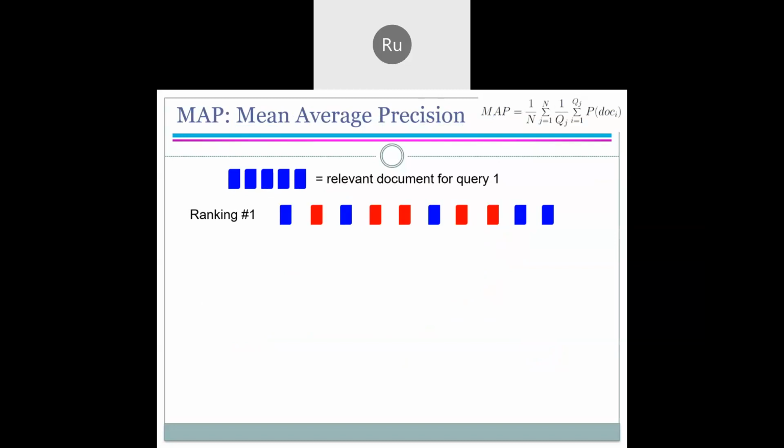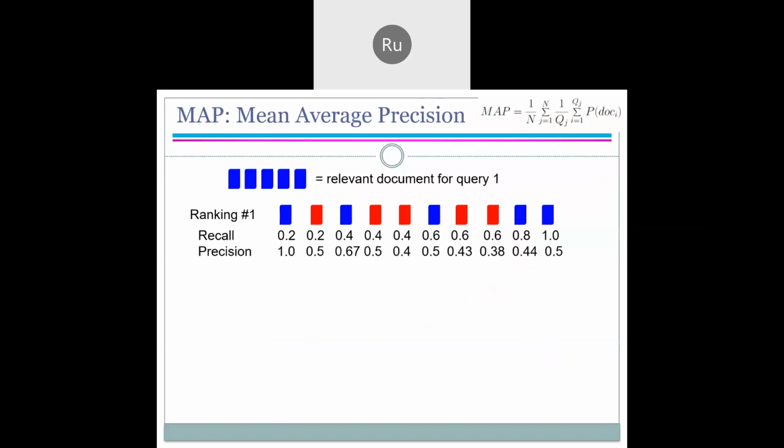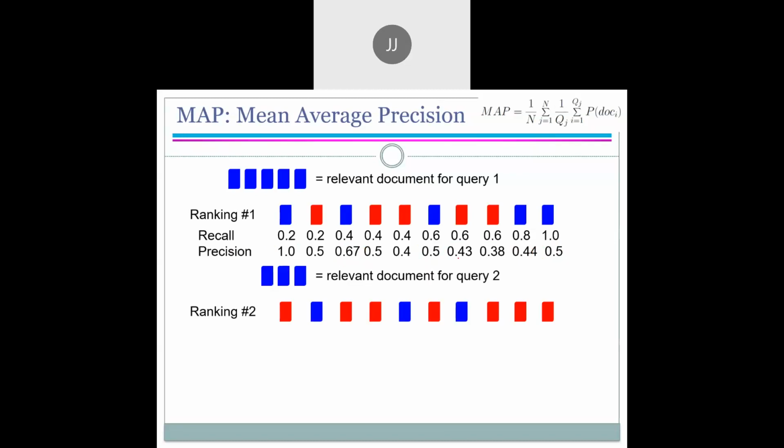Okay, so suppose we have this. We have 5 relevant documents, and these are the positions presented to you, and we compute the recall and precision. When we try to compute the MAP, we are adding up the position values only.